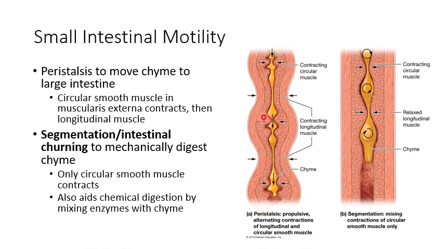You can see the circular smooth muscle contracts, also the longitudinal smooth muscle contracts, and this will ultimately push food through the small intestine, or push chyme through the small intestine. Here you have segmentation. Only the circular smooth muscle will contract for segmentation. And the result of this is that food doesn't move through the small intestine. Instead, it just mixes up with itself.